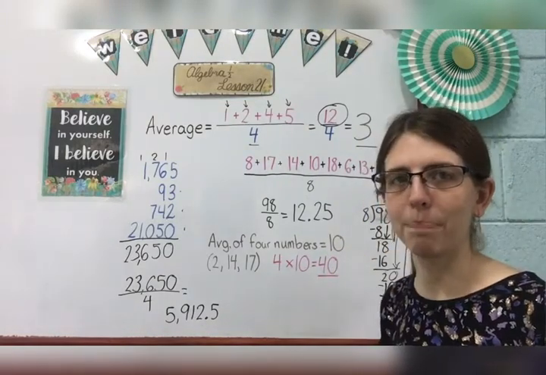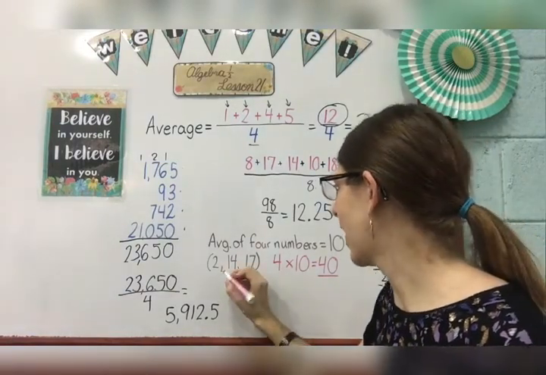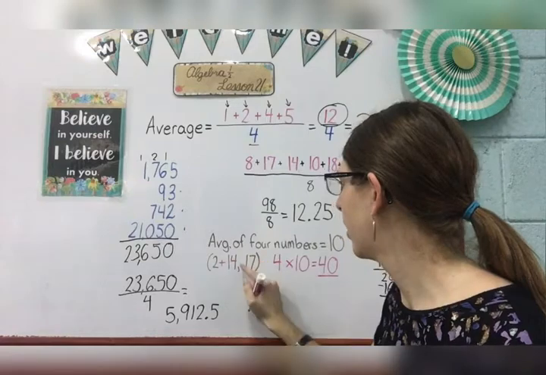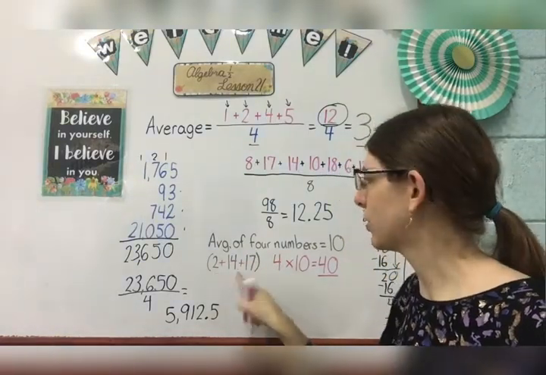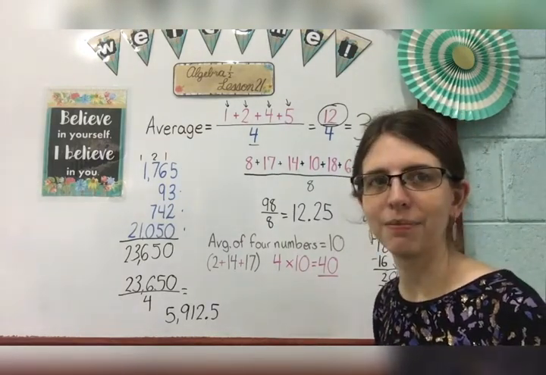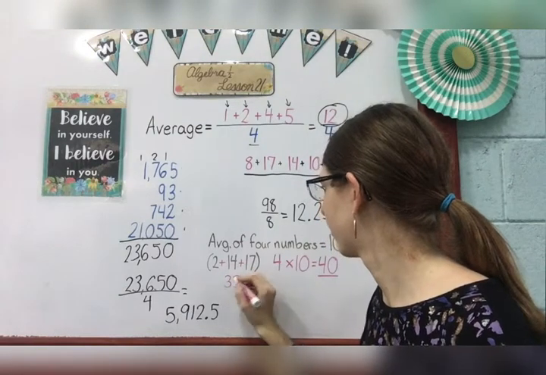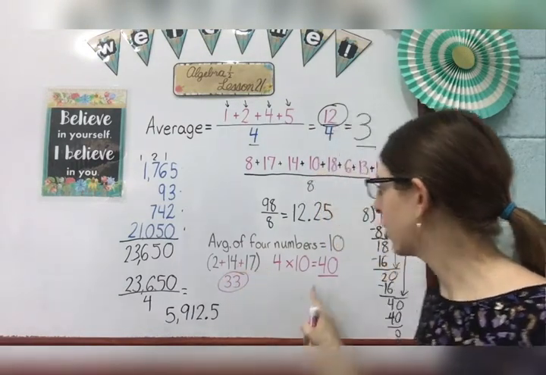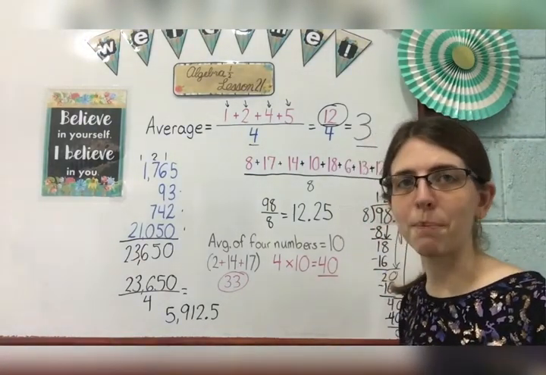That's my sum. Here's 3 of the 4 numbers. I'm going to add them together. 2 plus 14 plus 17. 2 plus 14 is 16. 16 plus 17 is 33. This is the sum of 3 of my numbers.